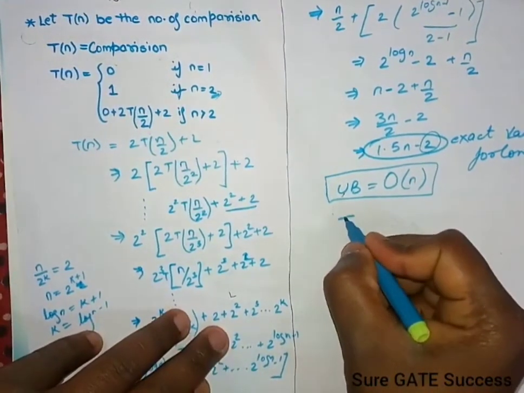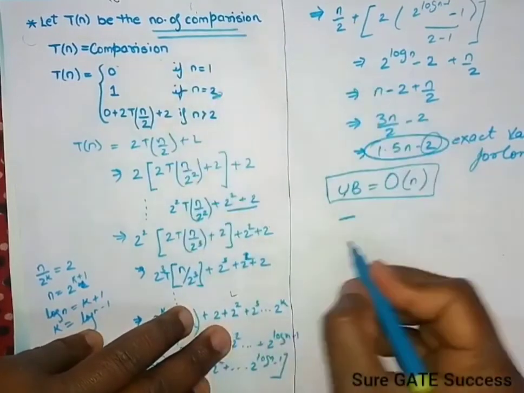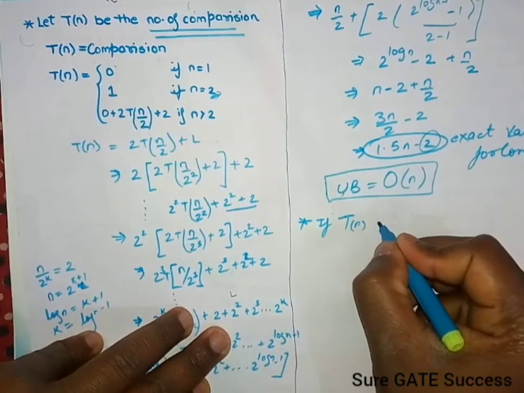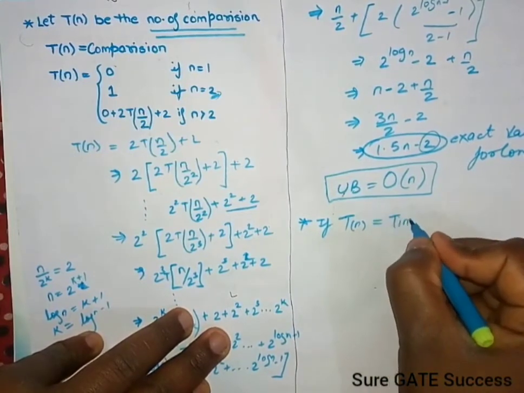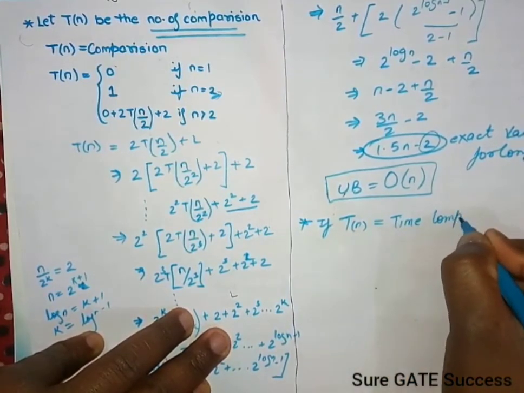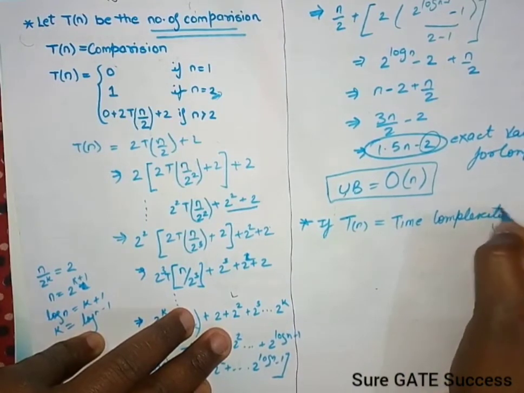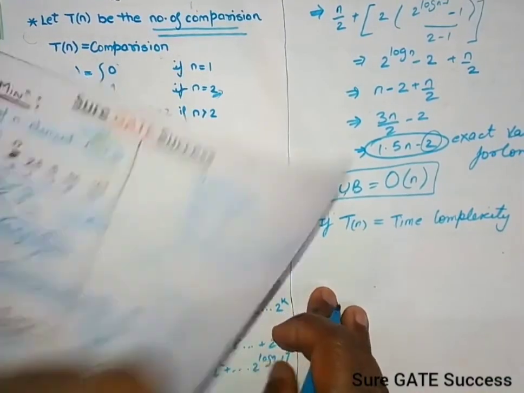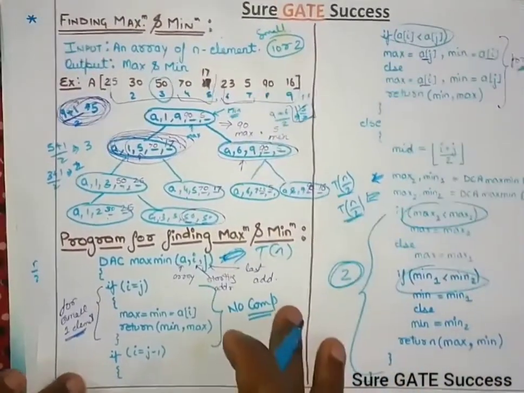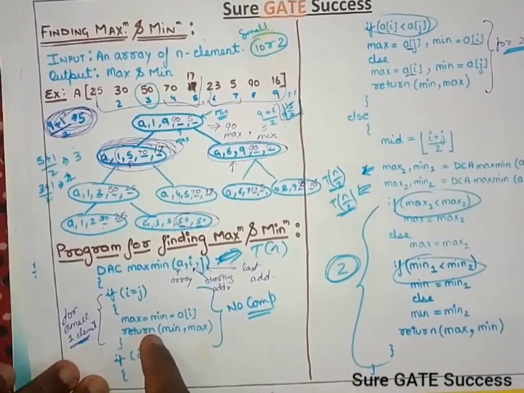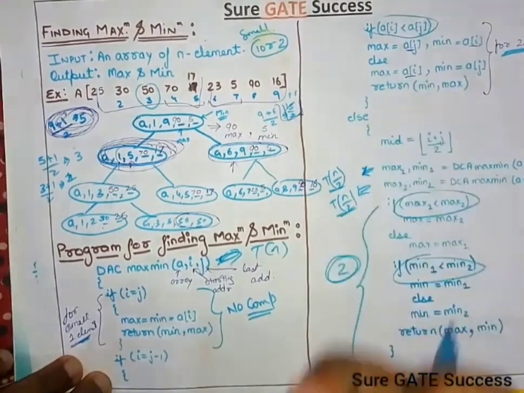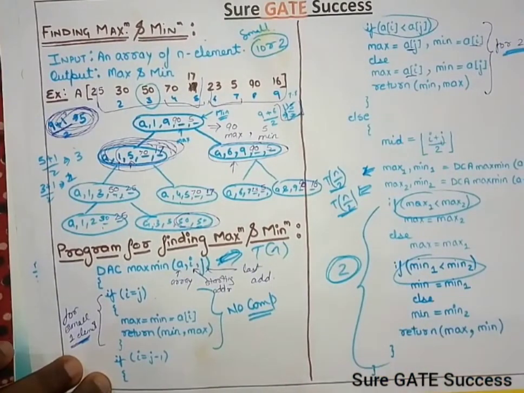And here we have taken it as the number of comparisons. If T(n) is the time complexity, what will the time taken here be? It will be constant, because we just have to check whether there is one element or not. Similarly, we check whether there are two elements; if two elements, we directly solve it.